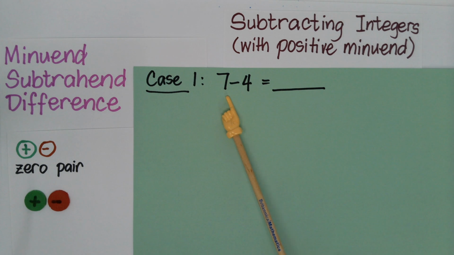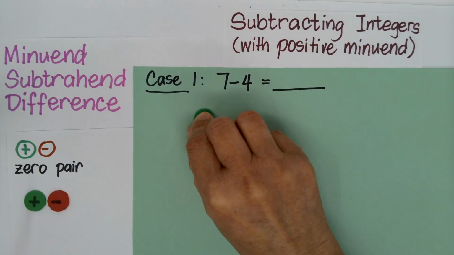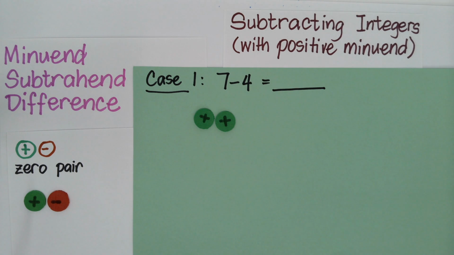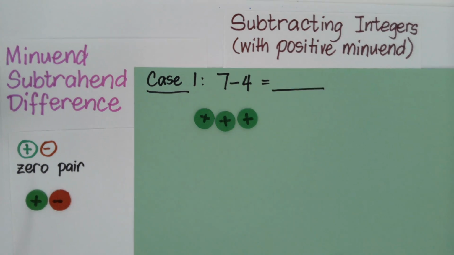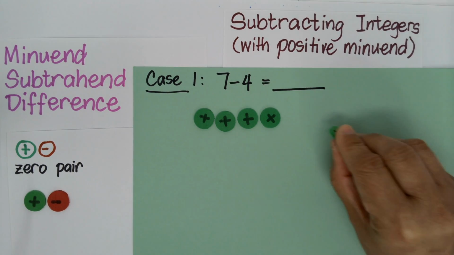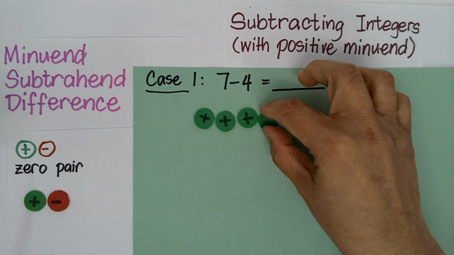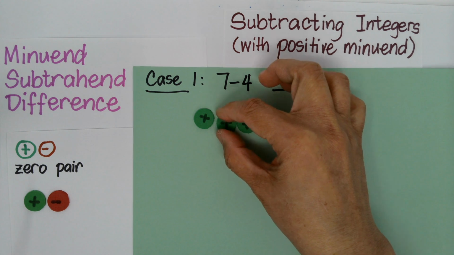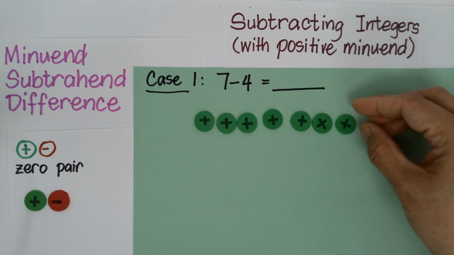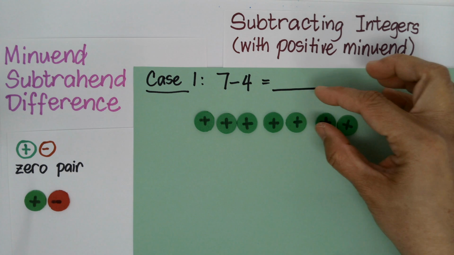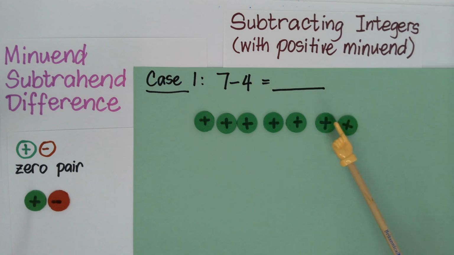To do this using manipulatives, we will represent 7 with 7 positive discs. So we have 7 positive discs, 1, 2, 3, 4, 5, 6, 7, and that's the minuend.